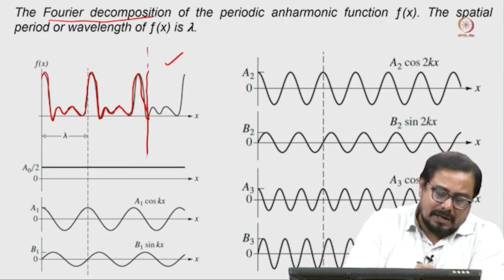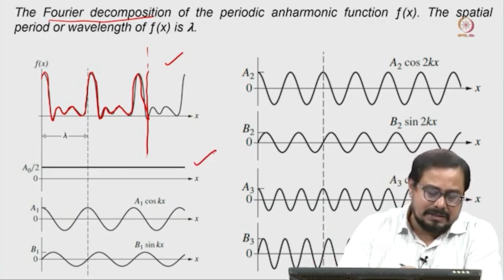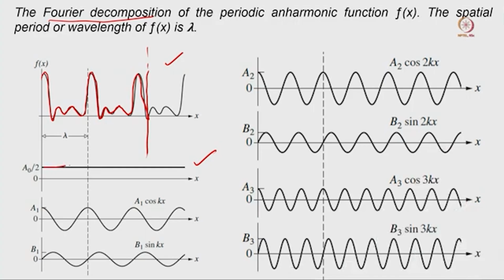Last class I also discussed that if I have only one choice, I will select this kind of wave to represent this particular complex wave function. It has a constant amplitude. If I have a second option, I will prefer to use a cosine curve, where this will be the amplitude and this will be cos kx.